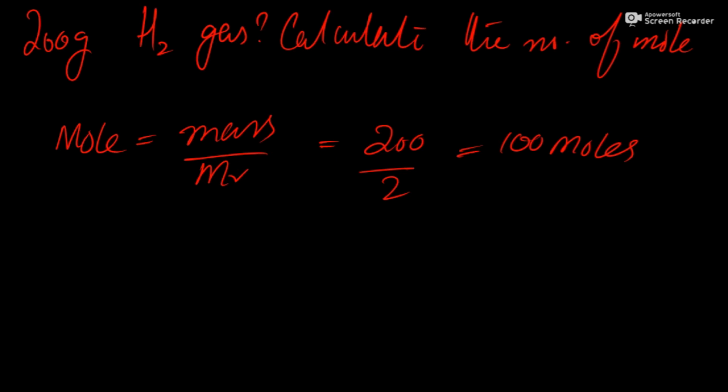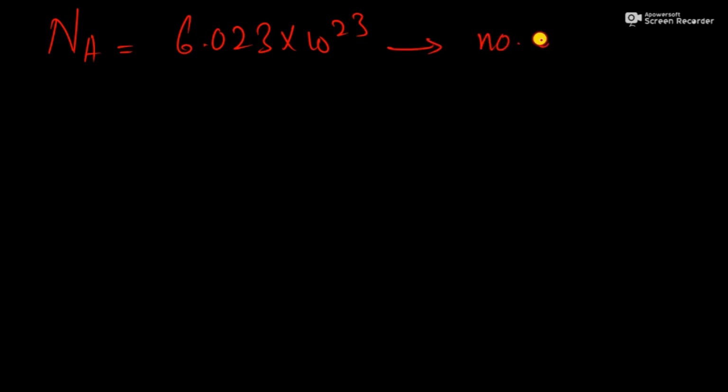One more method of calculating moles is when we have the number of particles. For this you have to know about the Avogadro number. What is the Avogadro number? It is a value, 6.023 times 10 to the power 23, which tells us the number of particles.